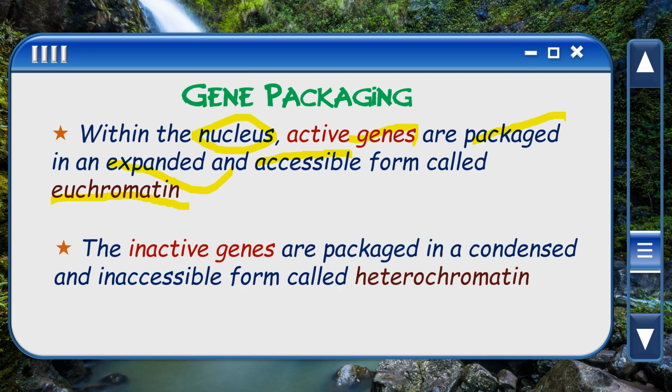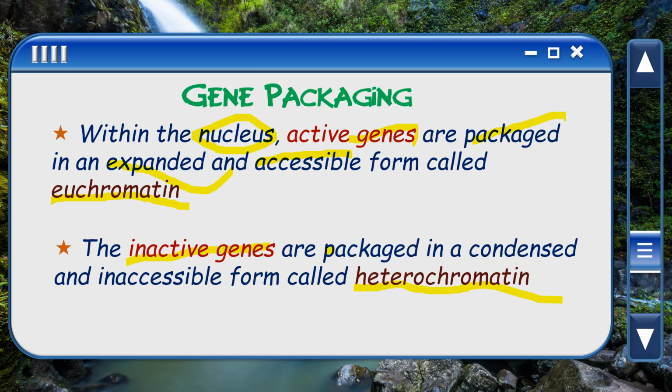Therefore, the inactive genes are packaged in a condensed and inaccessible form called heterochromatin. Those are inactive genes. They are not going to be used by that particular cell.